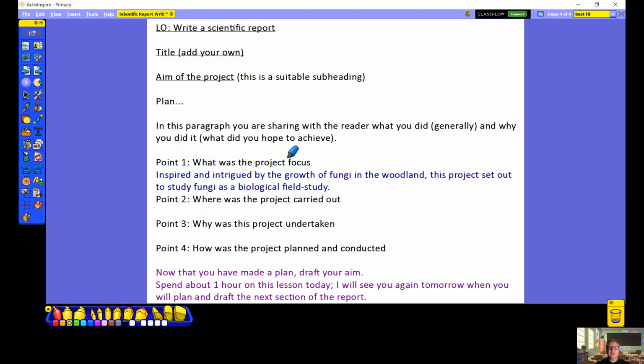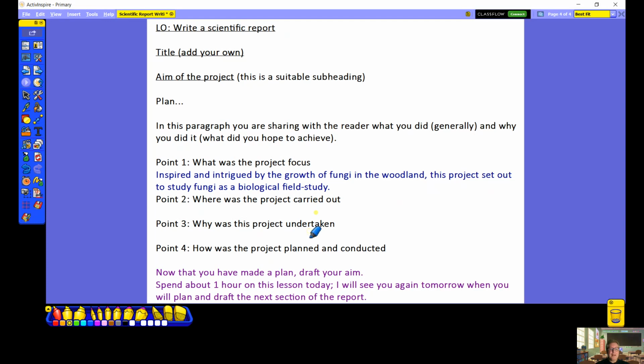Bearing in mind this is what we want to achieve, let's have a little look at how I've set this out in my model. Point 1, what was the project focus? I've made some planning notes under that point. Inspired and intrigued by the growth of fungi in the woodland, this project set out to study fungi as a biological field study.